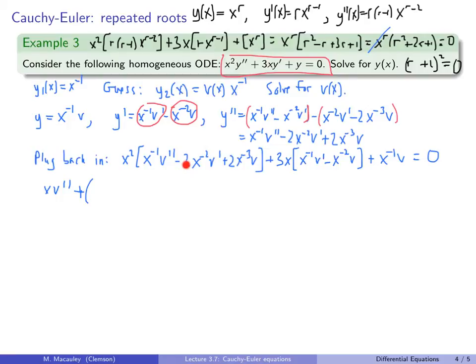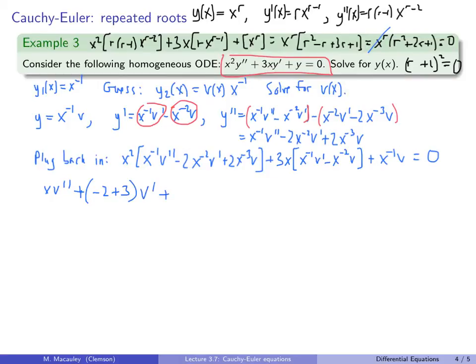So we have negative 2 times x squared times x to the minus 2, so that's going to be just negative 2. And then how many others do we have? Where's another v prime? v prime is here. 3 times x inverse, so that's plus 3 times v prime, and that's it.